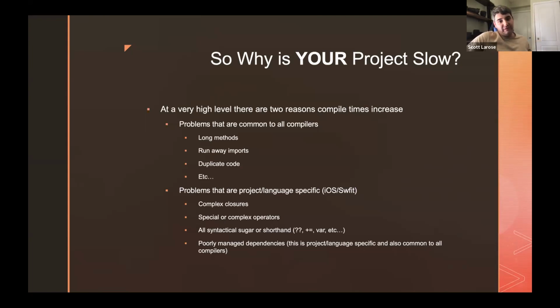Then there are problems that are language specific to iOS, like complex closures. iOS has a very unique way of dealing with closures, especially at compile time, and that causes some problems. Special or complex operators, especially when they're self-defined. And a lot of the syntactical sugar that we see on top of languages like Kotlin and Swift, if you don't use it properly, you can run into some problems with increasing your compile times, albeit mostly very marginally.